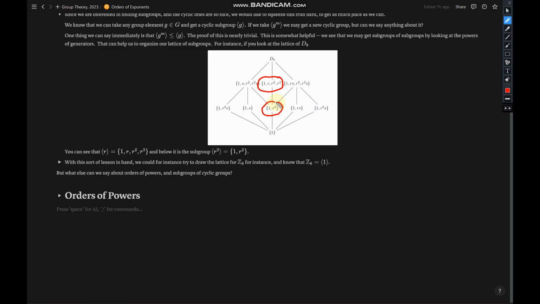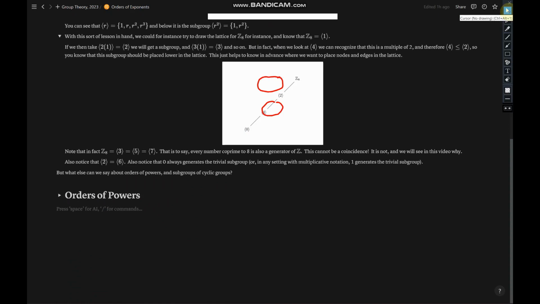We can demonstrate this with one more example, Z mod 8. Here, because the group is additive, we will not write exponents. Their equivalent in additive notation is multiples. So of course, the whole group is generated by 1.